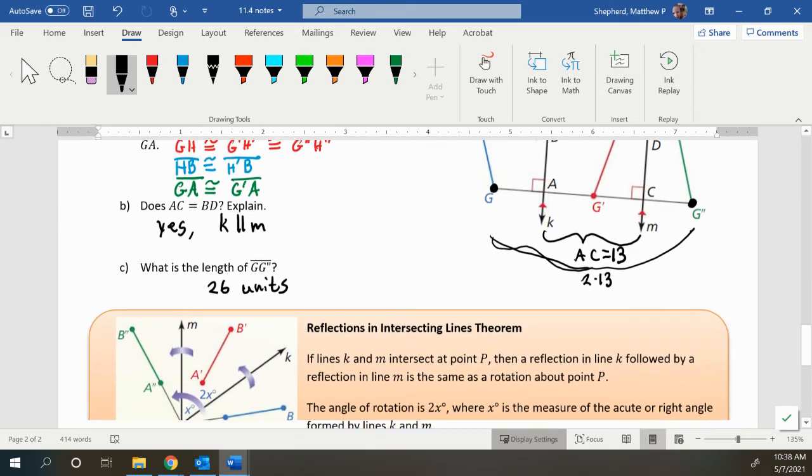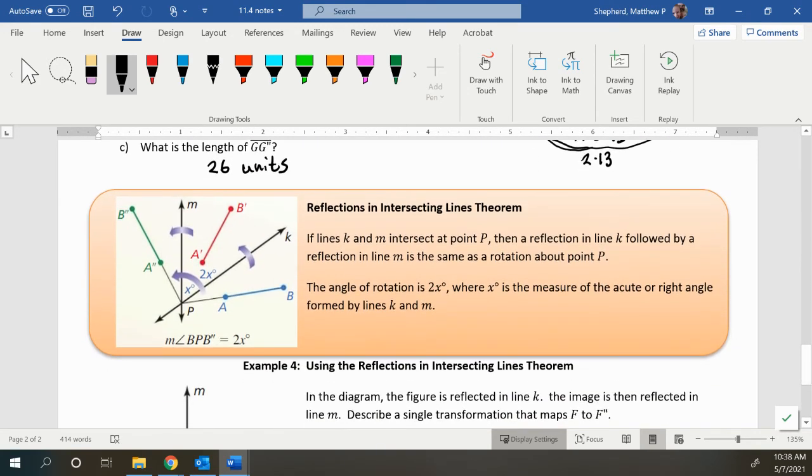Now, this is if the two lines were parallel, but what is going to happen if the two lines are intersecting, if they cross? Well, if they're intersecting, what is then created is a rotation. Okay? The rotation is also going to have a similar element to it.